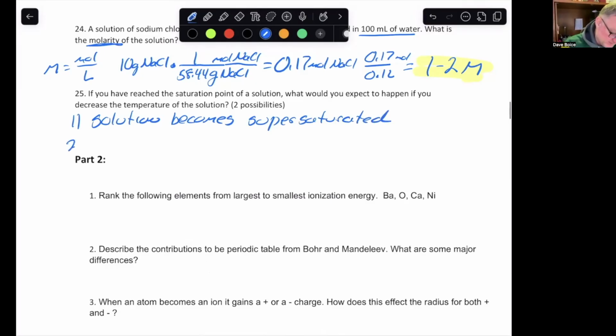However, becoming supersaturated isn't a guarantee. Not every solution is able to do that. Sugar is really great at doing it in water, which is how we can make sweet tea, but not everything does it. So another possibility could be that the solute falls out of the solution.